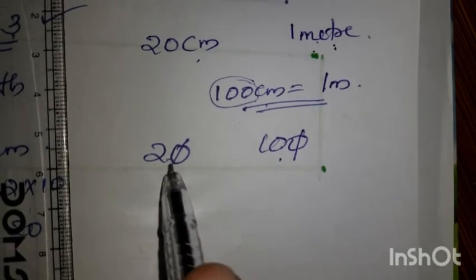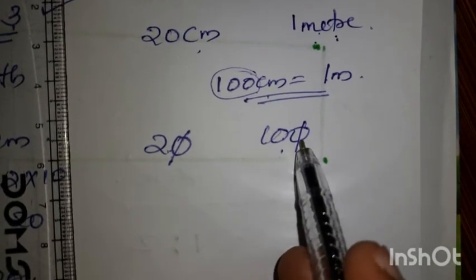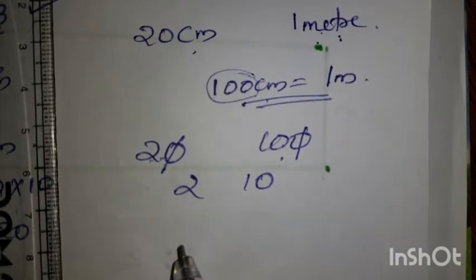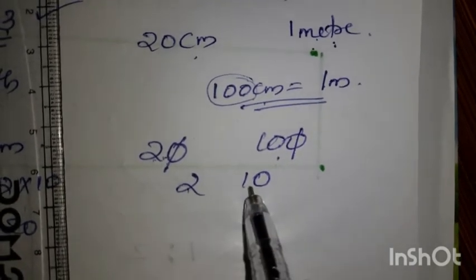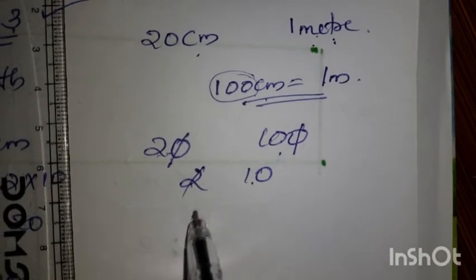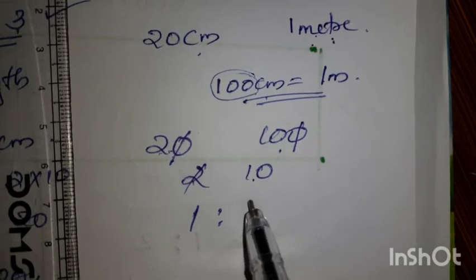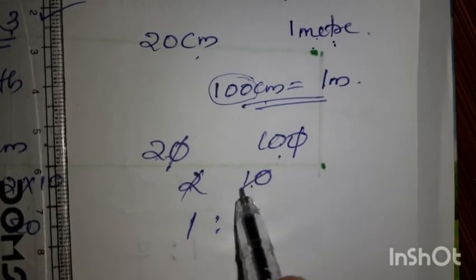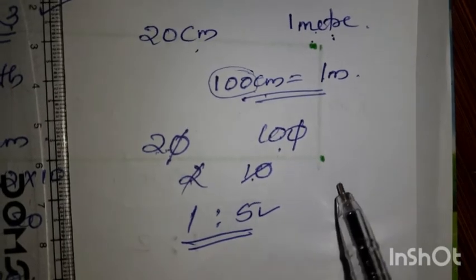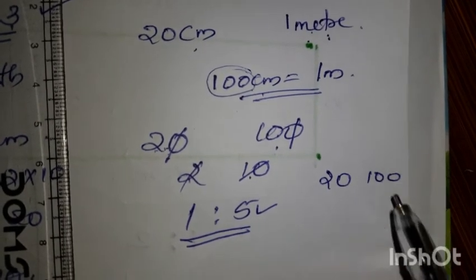You can cut one zero here, and here also you can cut it directly. Then 2 and 10 are the numbers. So 2, how many times? It should be 5 times. So 2 1s are 2 and 5 2s are 10. So 1:5 ratio.